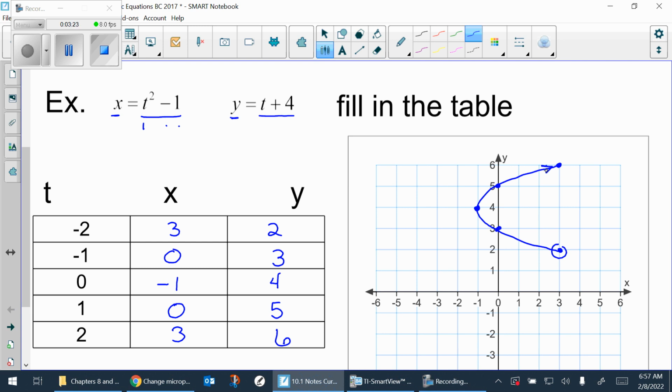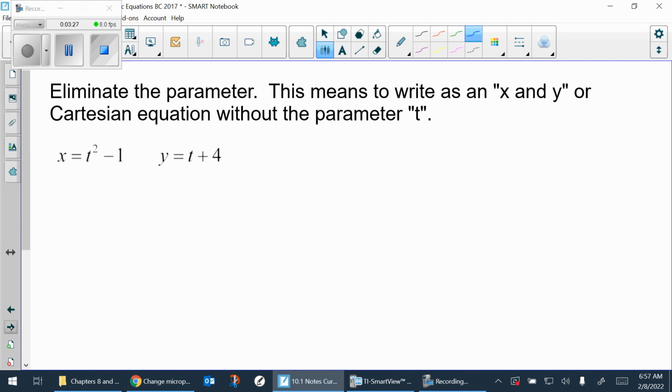We'll see that in the upcoming slides. Now again, you wouldn't look at this set of parametric equations prior to graphing it and say, hey, I know what this is going to turn out to be. It's going to be a side opening parabola.